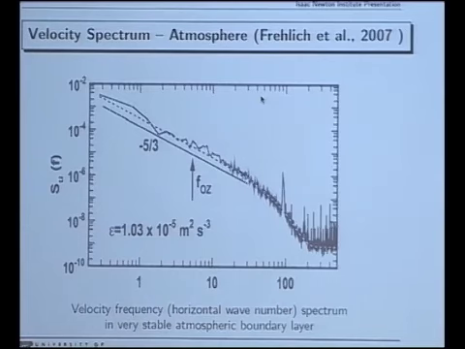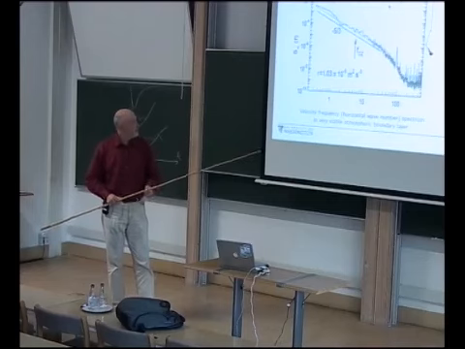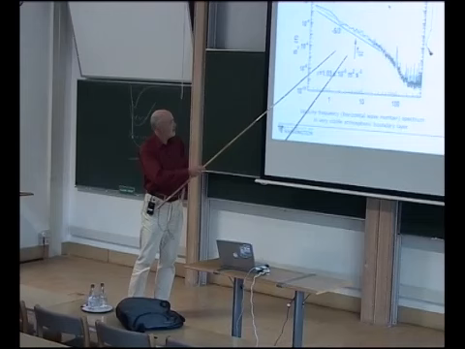So, Tony, you have an epsilon there, so U prime cubed over L, and you say L is maybe 30 meters or something. Can you get a U prime and an L? Yeah, that's right. Now, of course, in the atmosphere, you go to bigger and bigger scales, and there's energy there as you go on up.